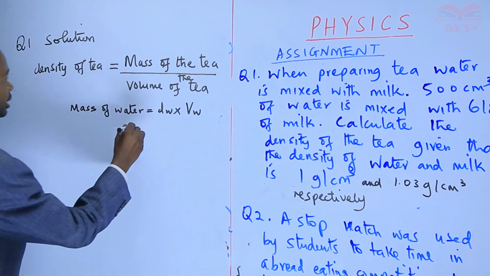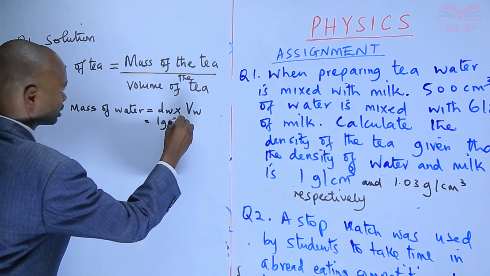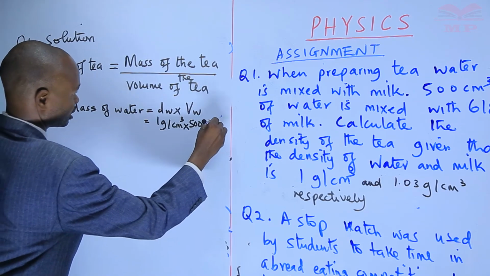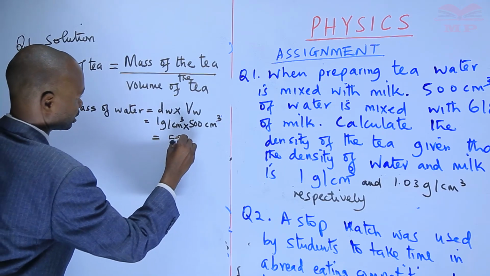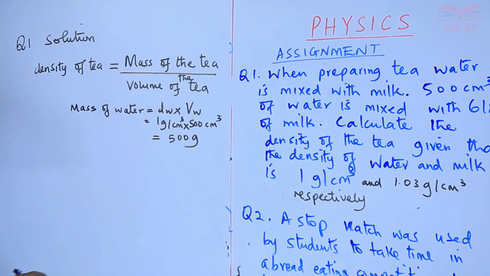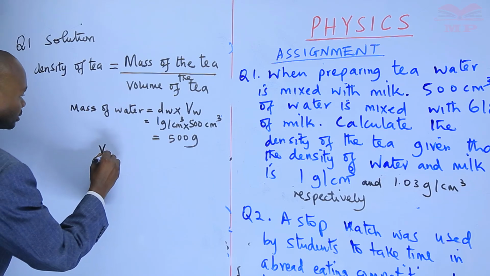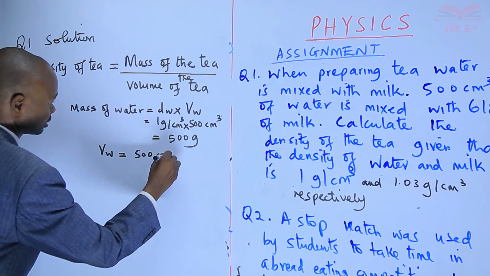So this is 1 gram per centimeter cubed times 500 centimeters cubed. If we work out, we get 500 grams. And we already know the volume of water is 500 centimeters cubed.